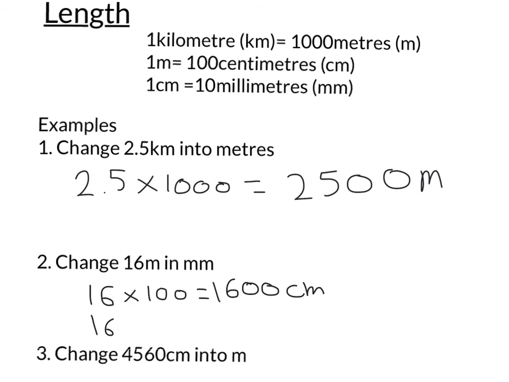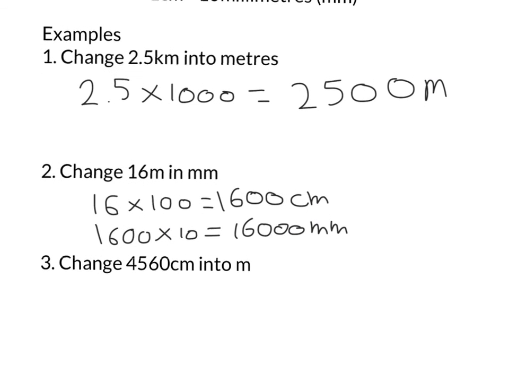And then we can get the 1,600 centimeters and change it into millimeters. There are 10 millimeters in every centimeter, so we can times by 10. And that will give 16,000 millimeters. It makes sense, by the way, to write something like 16 meters in meters instead of millimeters because that's such a large number.